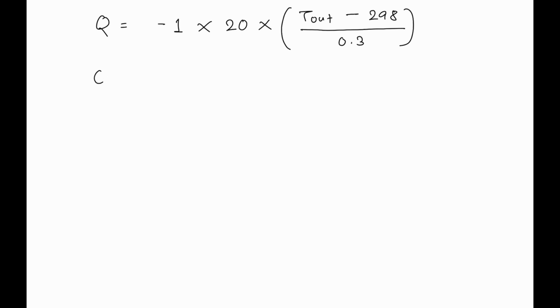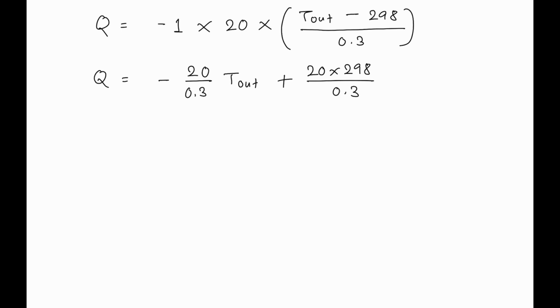So Q equal to thermal conductivity is 1 into cross sectional area is 20 multiplied by T out minus T inside is 298 kelvins divided by thickness of the wall, which is 0.3. So we have Q equal to minus of 20 divided by 0.3 T outside plus 20 into 298 divided by 0.3.